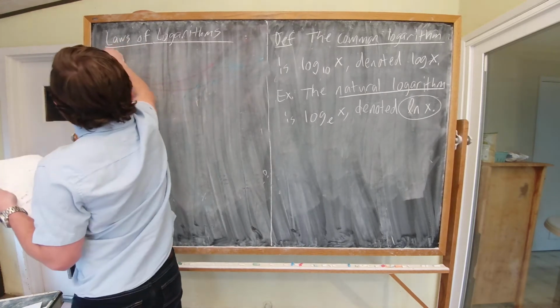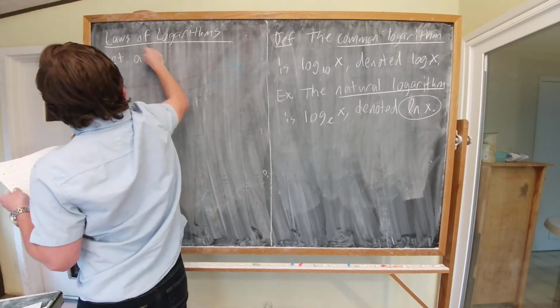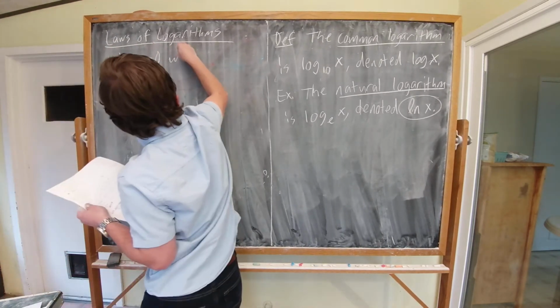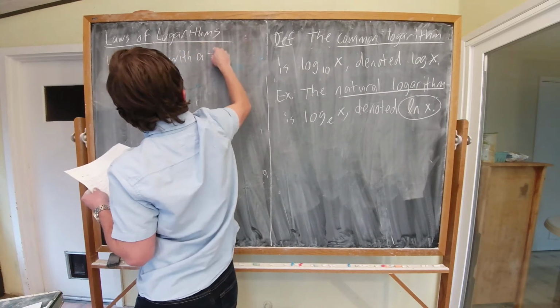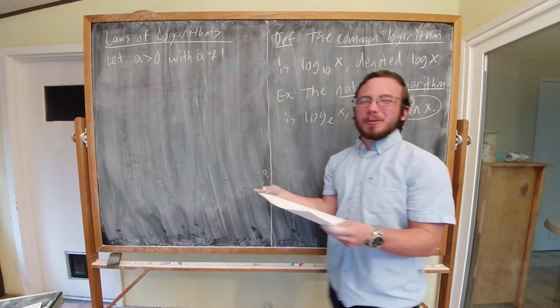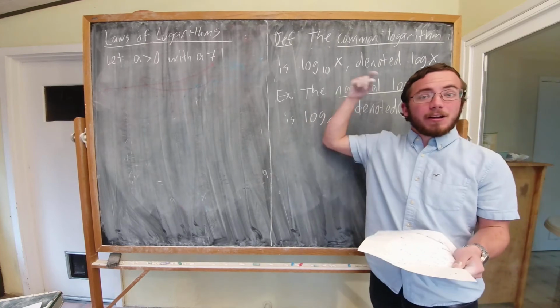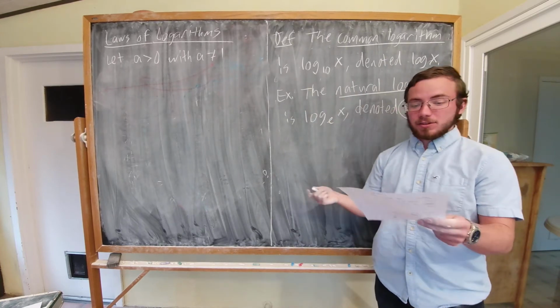Alright. Let a be a number greater than 0 with a not equal to 1. Right, so now we can talk about log base a, since log base a is only defined for positive a with a not 1.